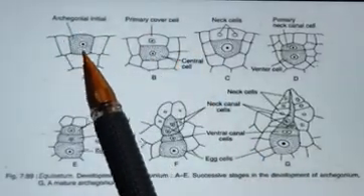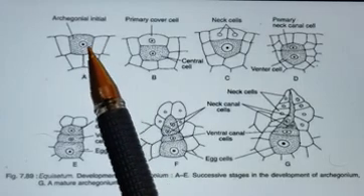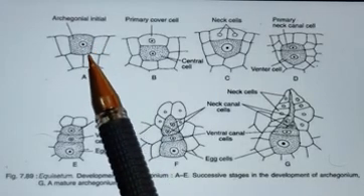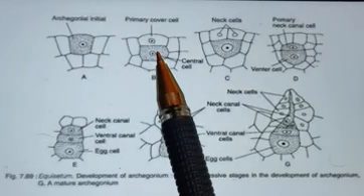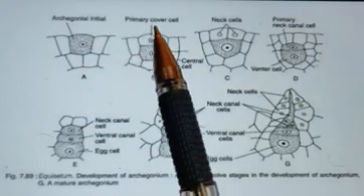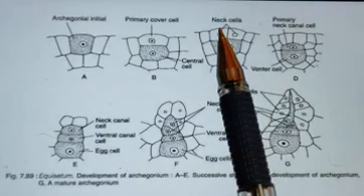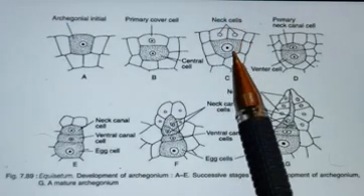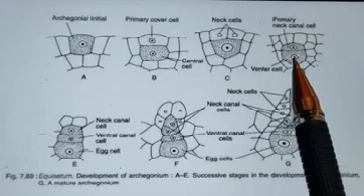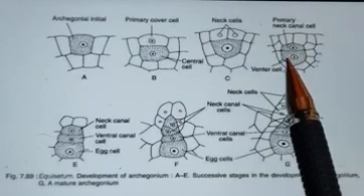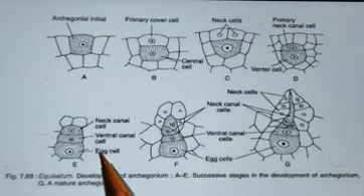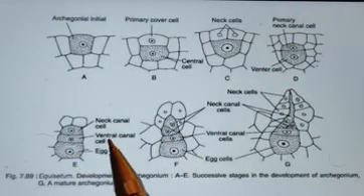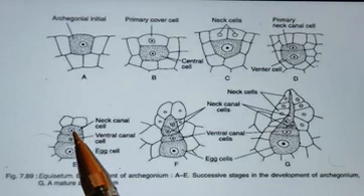Then archegonia also develop the same way as the antheridia, but a single cell is responsible for production of the central cell. Then the primary cover cell divides and produces neck cells. Then the ventral cell divides into the primary neck canal cells. You can see here the egg in the center, ventral canal cell, and neck canal cell.